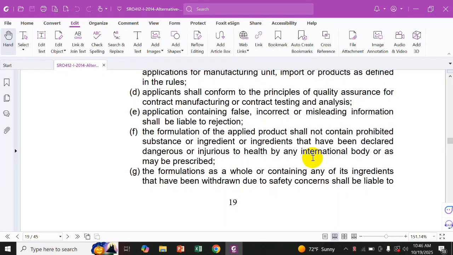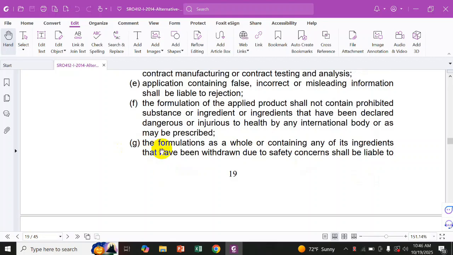So if there is a chemical which is prohibited by the regulatory authority, we cannot use that chemical in our product. So this point must be ensured.